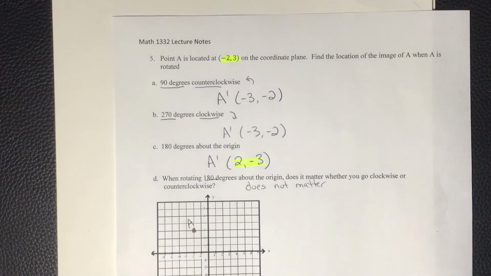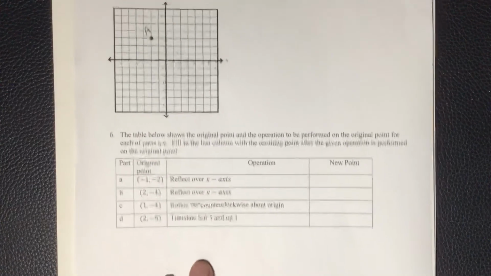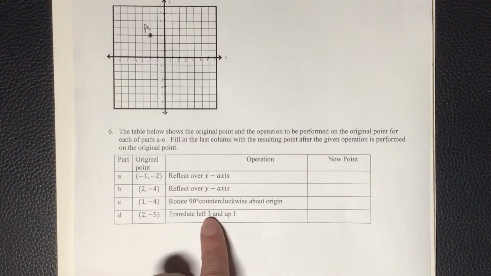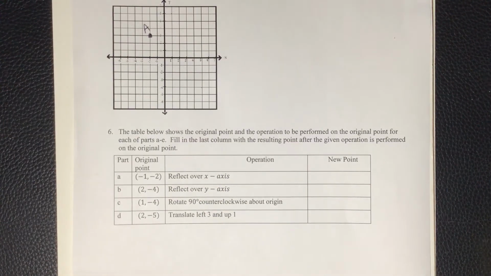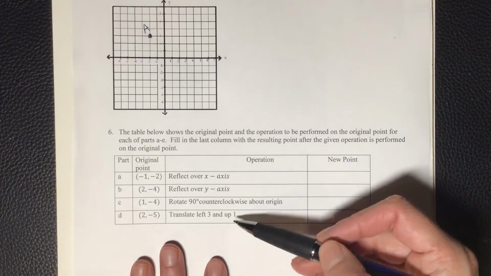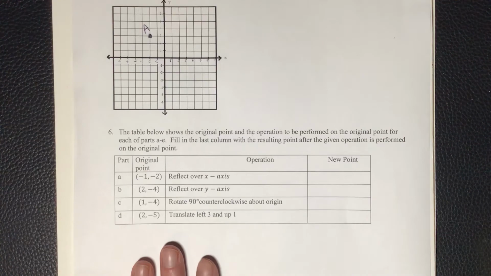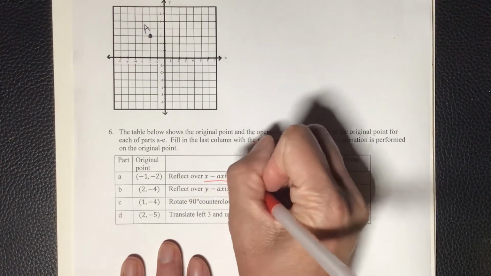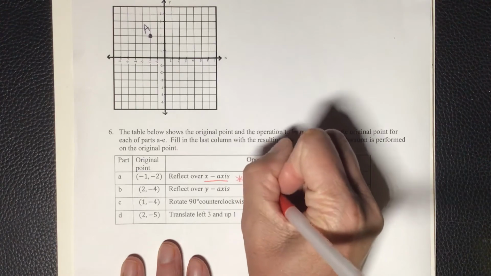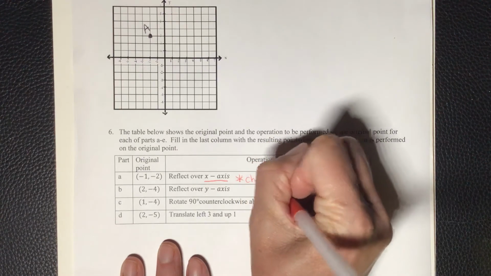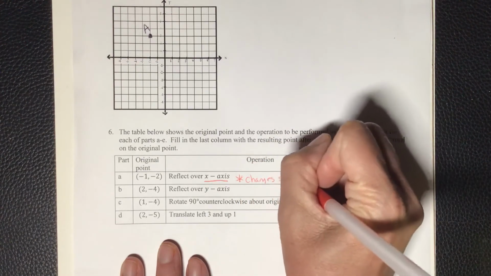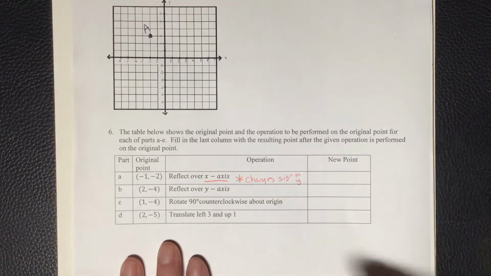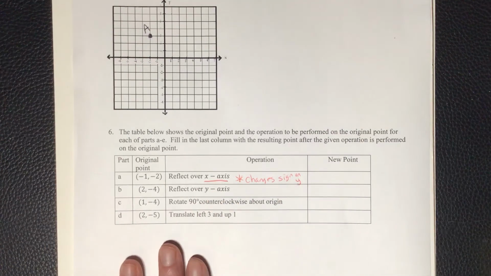All right, so for our very last example, this has some reflections and translations. So we want to take an ordered pair and see what happens to it when we do all of these operations. Now we talked a little bit about reflections. Remember, if you reflect over the x-axis, that changes the sign on the y. So it's always the opposite of whatever you're reflecting across.